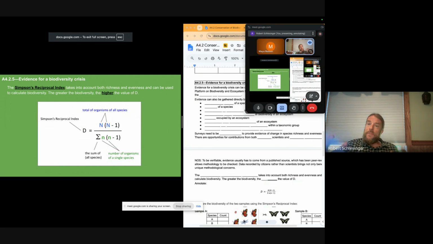And so what I would have the kids do is a Simpson's diversity index for the teacher side. So I'd have them calculate D, and then I'd have them calculate D for the parent side. I wanted to see which parking lot, the teacher parking lot or the parent parking lot, was more diverse. And so which side had a higher number of different brands of cars, and then how many of those different brands of cars did we see?